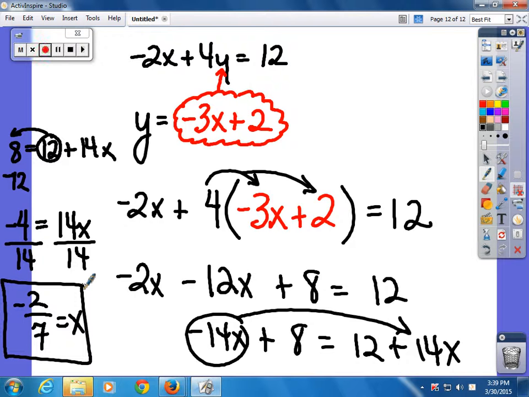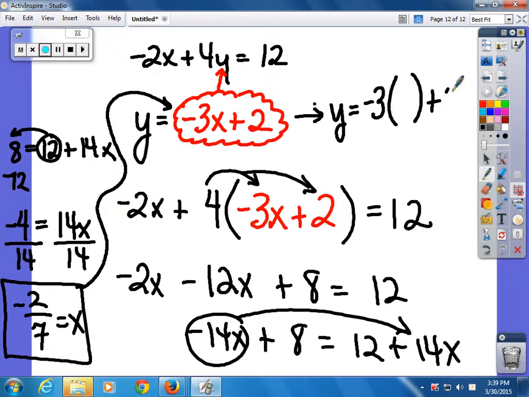Now we got to back substitute. And I'm going to plug it in that because it's already solved for what? y. So y is equal to negative 3 times parentheses plus 2. And that negative 2/7 goes in here.